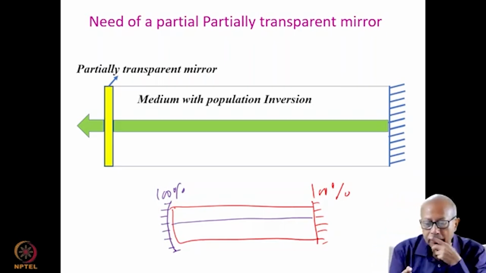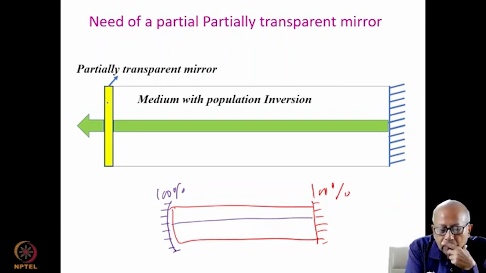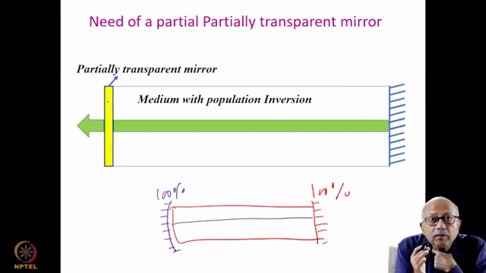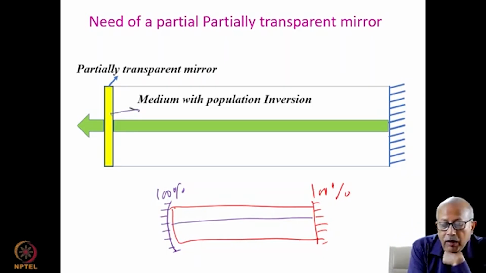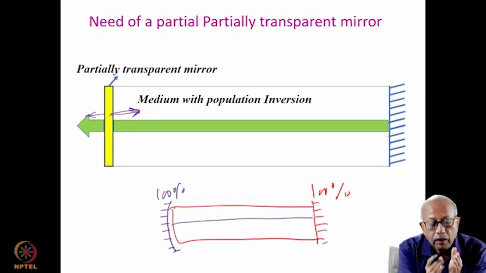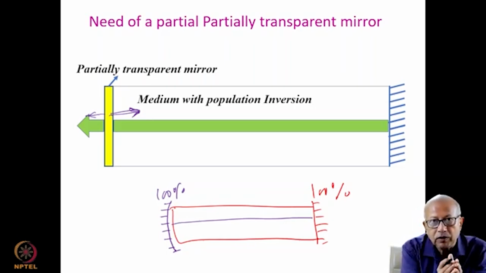For that to happen, one of the cavity mirrors needs to be partially transmitting. That means it will reflect part of the light and transmit the rest, which will be a useful loss from the cavity.